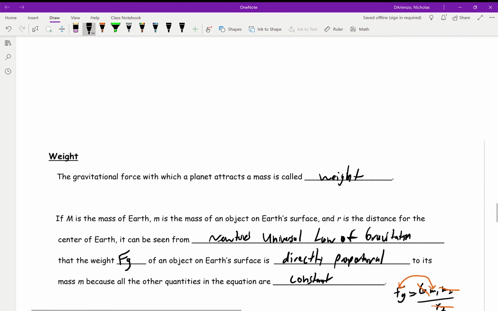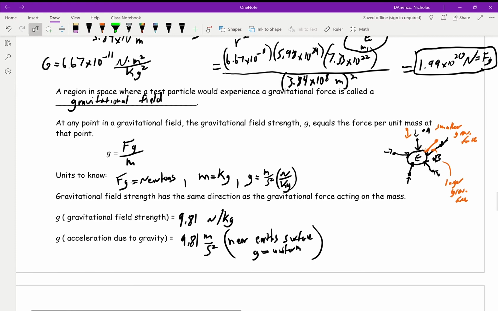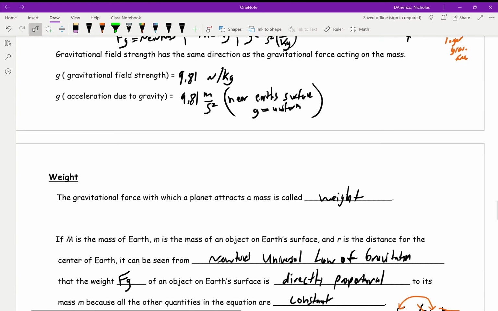If you think back to our diagram there, our vectors are getting smaller the farther away we move from Earth. If we add them all up together, we can get the lines of our gravitational field, but those vectors are getting smaller the farther we move away from Earth.